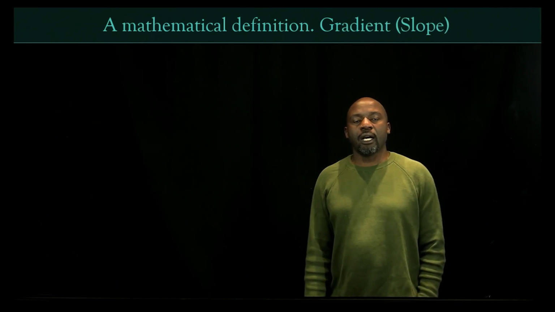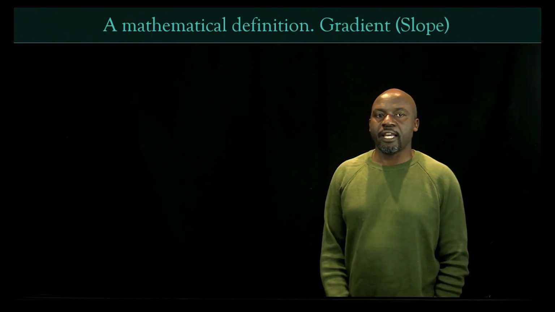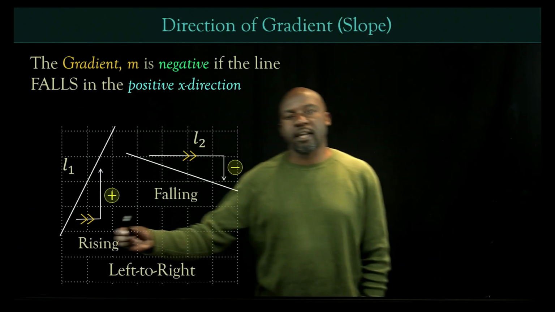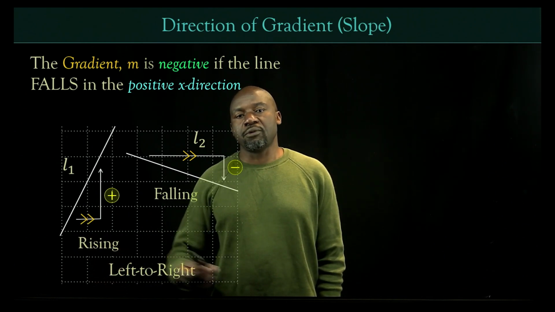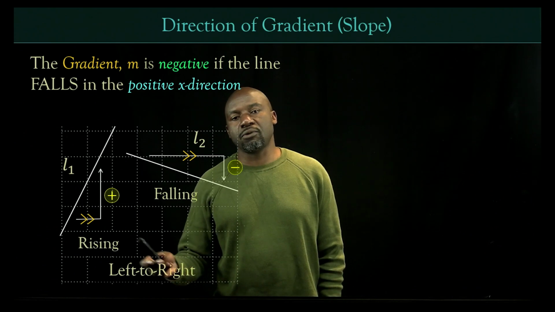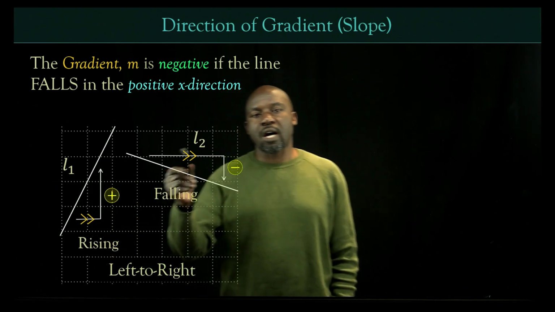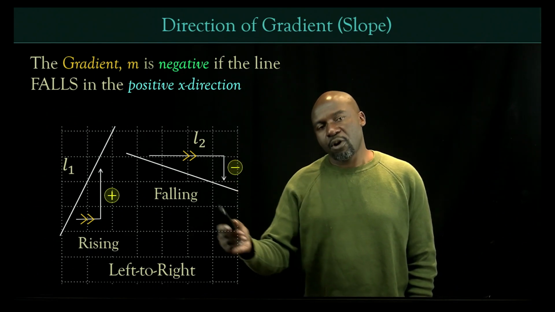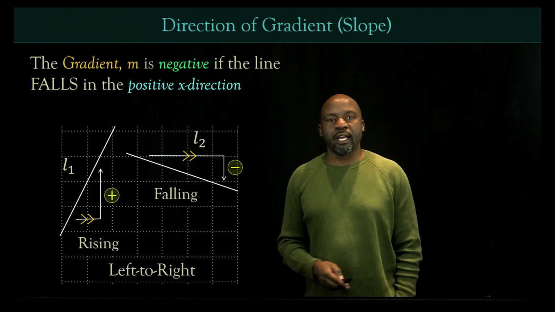Let's see how we define gradient mathematically. Based on what we've just seen there, we were talking about moving one step in the positive x direction and checking how much we've risen. Another way to find this directly is just to say how high we climb or how high we drop for a unit movement in the x direction.